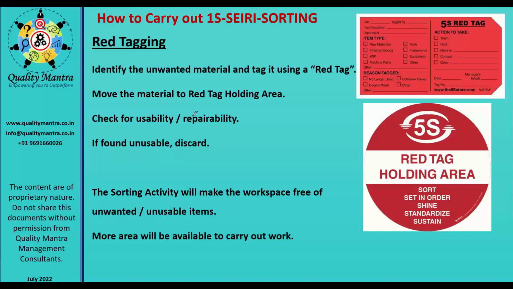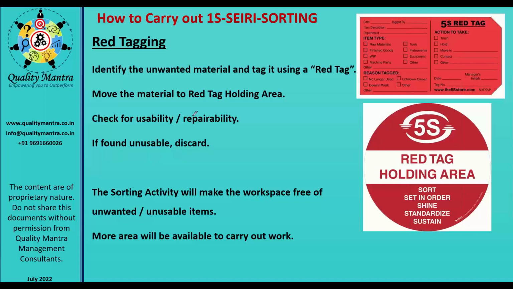A red tag is used to identify that item, and it is then shifted to the red tag holding area, where a committee or a team comprising people from various sections, having knowledge of these types of materials, gather and inspect the material and categorize it: whether it is usable, whether it is repairable, whether it is unusable, whether we have to discard it. All these decisions are taken.